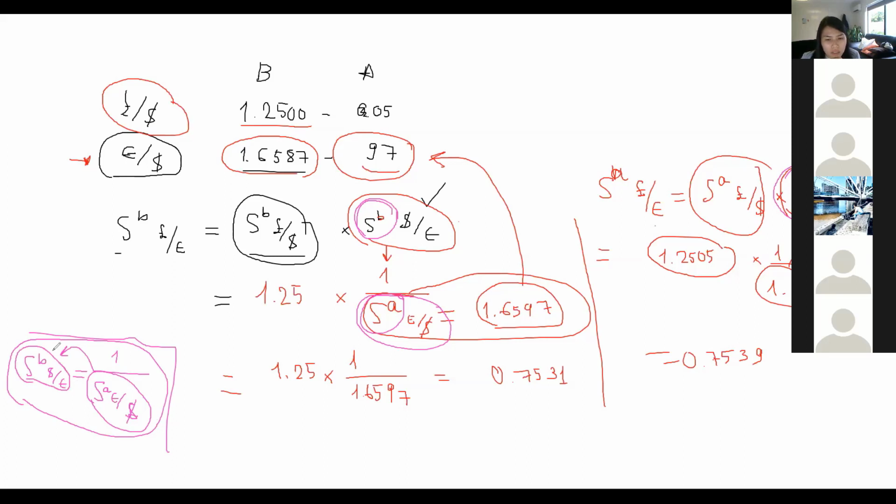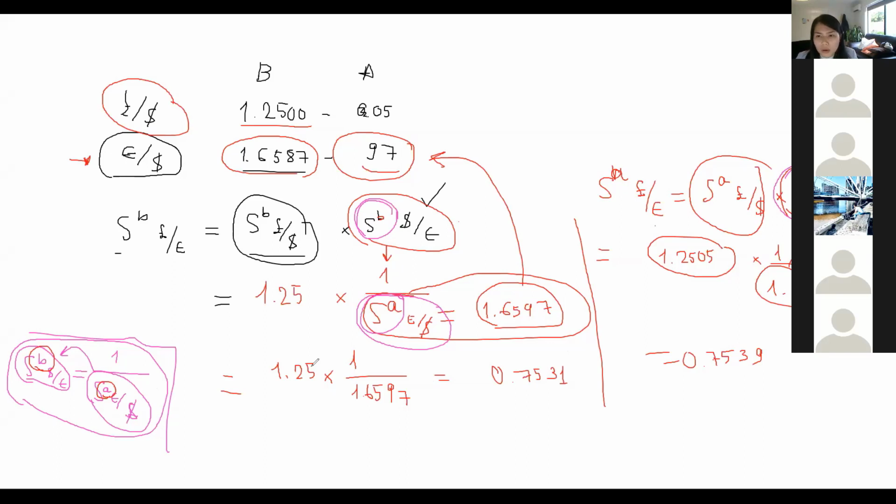So here you're saying that buying a euro is equivalent to selling the dollar. So when you have an exchange rate conversion, when you buy one currency, it is equivalent to selling the other currency. Good question. That's something you have to be careful about.